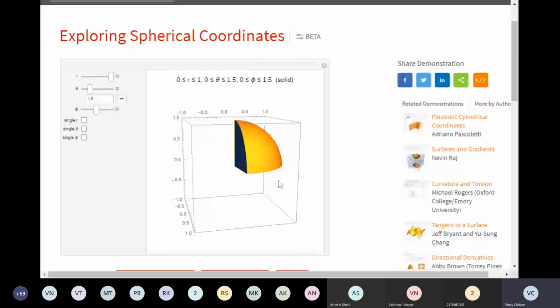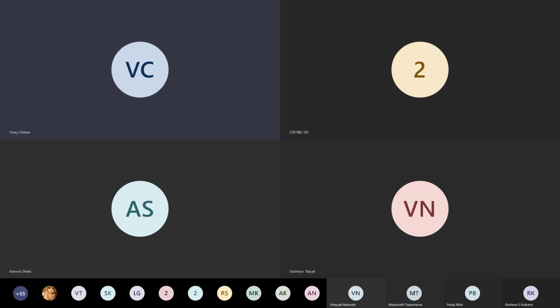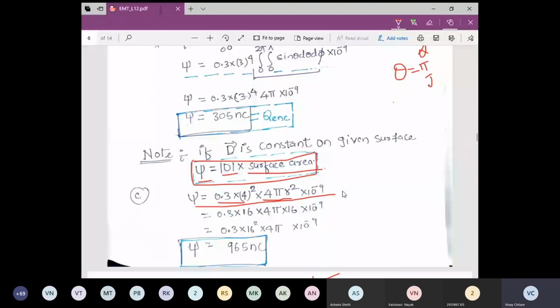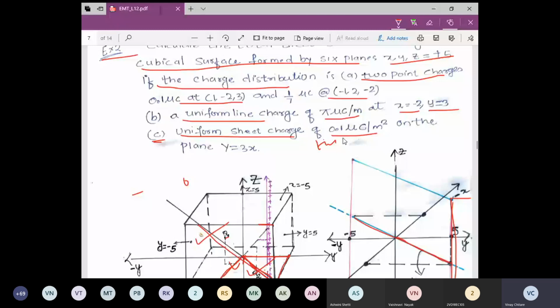So now let us switch. Let us continue with our discussion. Yeah, so these are the problems on the electric flux and the Gauss's law.